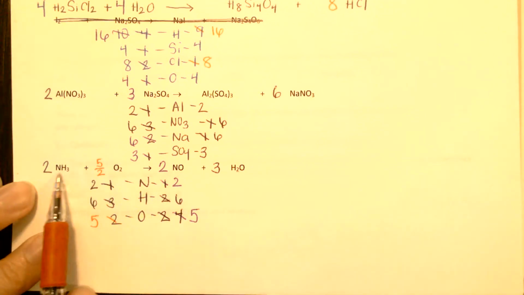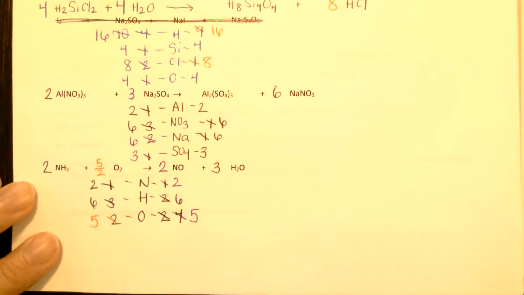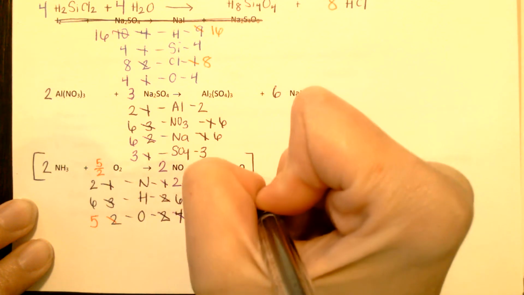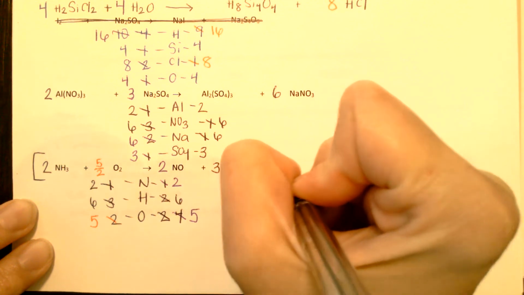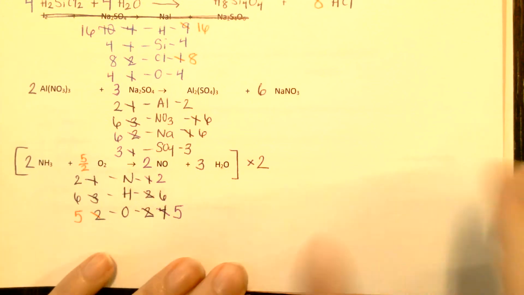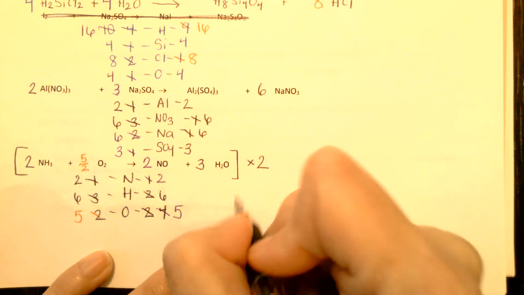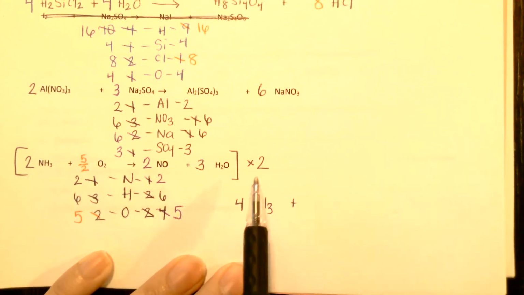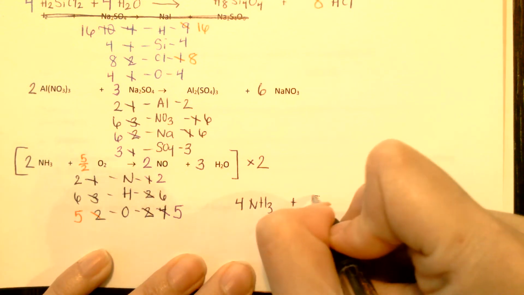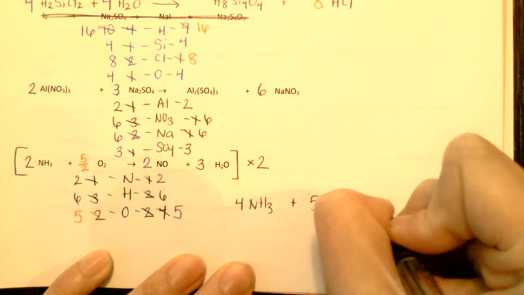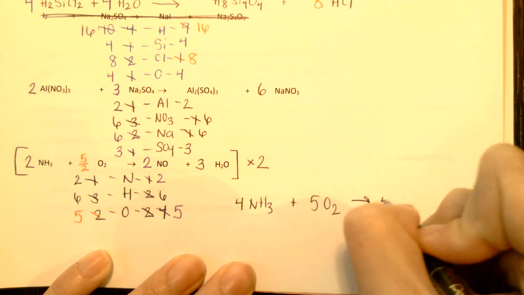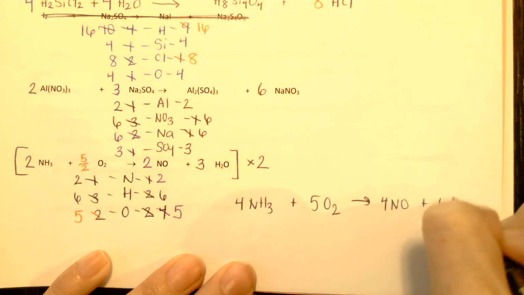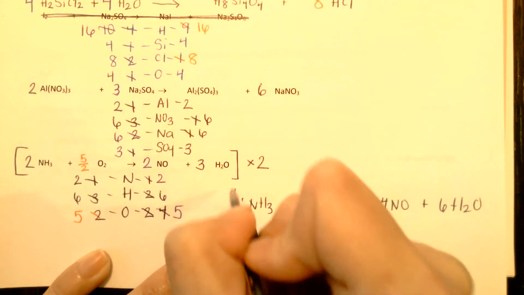Okay, so now our equation is balanced, but we can't leave it that way. So to remove the fraction, we're going to take everything and multiply it by 2. Okay, so 2 times 2 gives me 4 NH3. 2 times 5 halves gives me 5 O2. 2 times 2 gives me 4 NO. And 2 times 3 gives me 6 H2O.